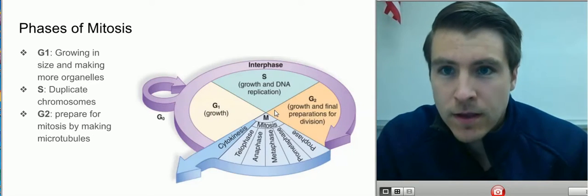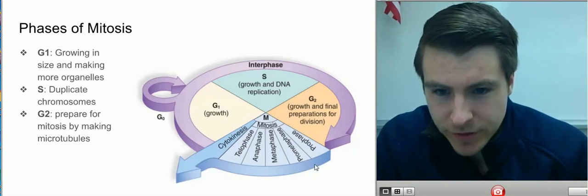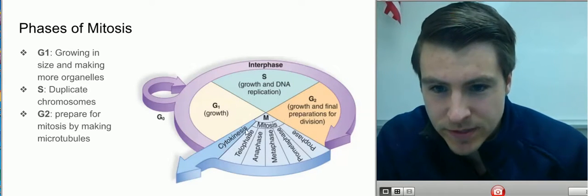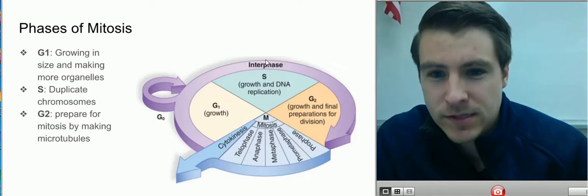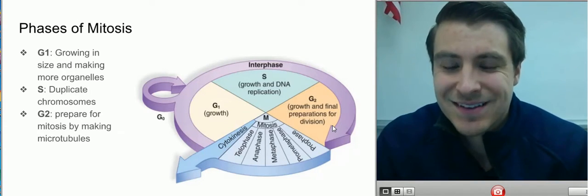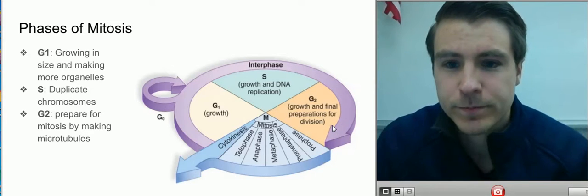And so I want to show you this little sliver here. It looks about like a quarter of the cell's life is actually spent in mitosis, whereas the rest is spent in interphase, which is the cell just kind of growing and hanging out.